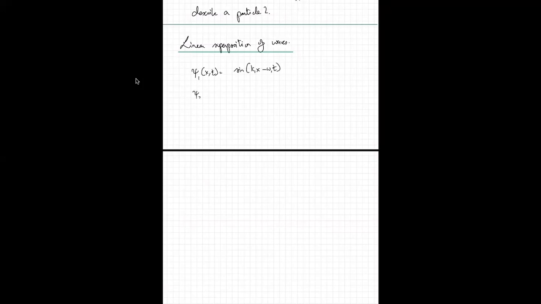And my second wave, psi 2, which is also a function of x and t, obviously, and not any random function of x and t, but a function of kx minus omega t, or equivalently x plus or minus vt. Psi 2 I will take to be sine of k2x minus omega 2t. So these two waves by construction have different wave vectors and different omegas, which means they have different velocities.